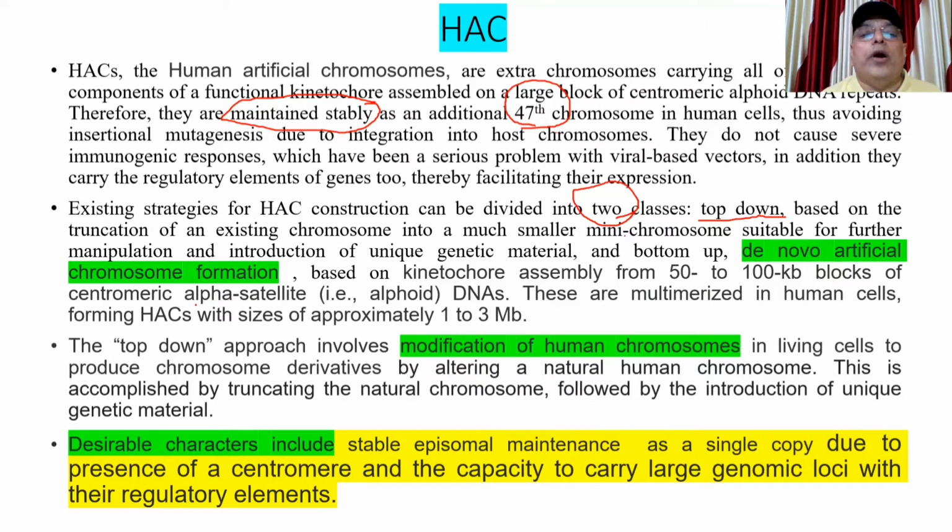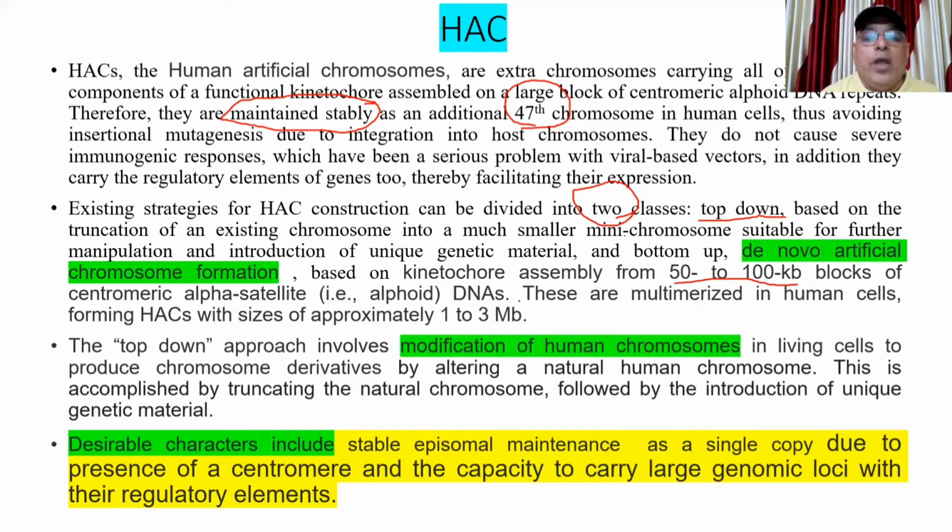So the rallying point of the development of a new chromosome, that is the bottom-up approach, is that we insert an alphoid unit which is about 50 to 100 kilobases long. You know that alpha satellite DNA has 171 base pair long repeating units.